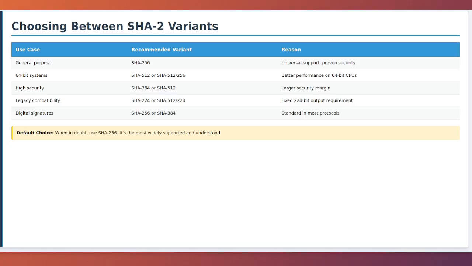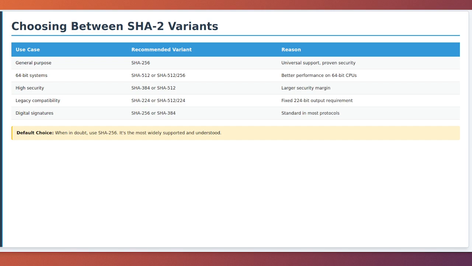It is widely supported in libraries and hardware, well-studied, and efficient on both 32-bit and 64-bit systems. Use SHA-256 for digital signatures, TLS, general data integrity, password-based key derivation, and when you need broad compatibility.